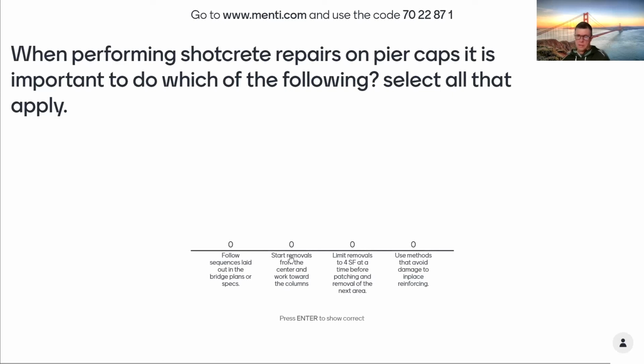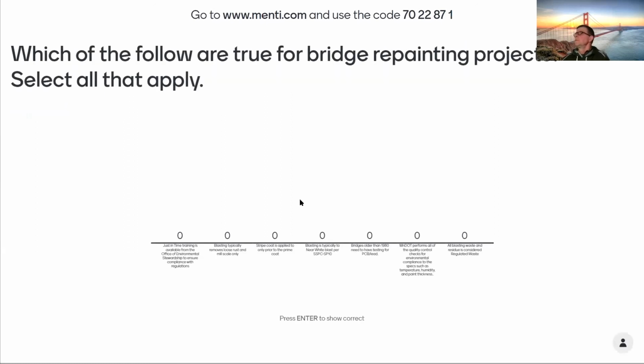That isn't right or wrong, but it's not going to be a typical process. Limit removals to 4 square feet, not necessarily. Usually we can do much more than that, but watch what it is, and then use methods that avoid damage to in-place reinforcement. Yes. So you don't want to be saw cutting through and damaging stuff that could be salvaged.